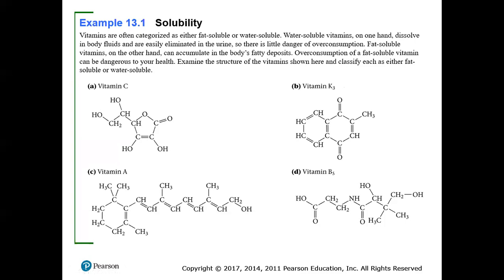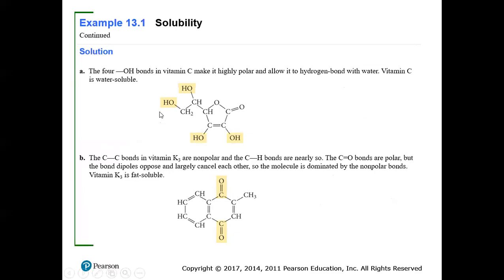So fat is nonpolar, so any of these molecules that are mostly nonpolar will be fat soluble, and water is polar, so any of these vitamins that have polar components will be water soluble. So here we would look at each molecule and look for things that are polar that would be attracted to the water. So vitamin C has multiple OH groups on there, and all of those can hydrogen bond with the water molecules. So this would be water soluble.